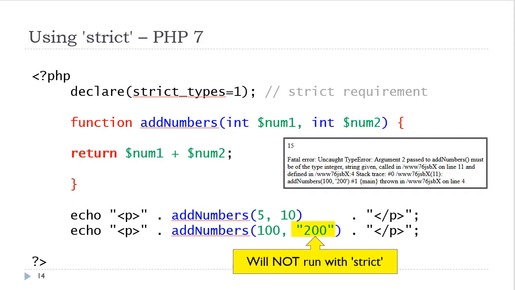Now, if I were trying to do this using the strict requirement, you will see that the first function will run, but the second function does not, and I see a fatal error message here.